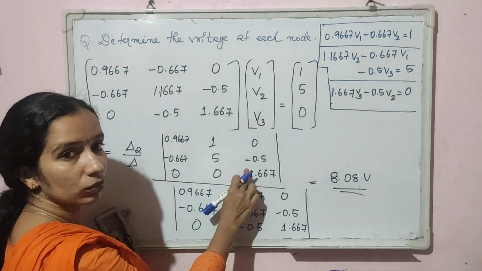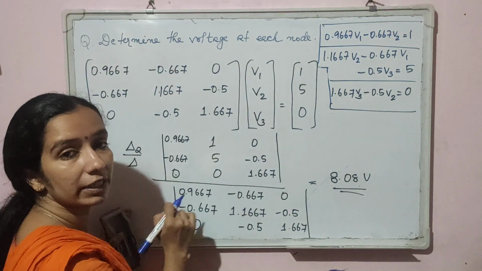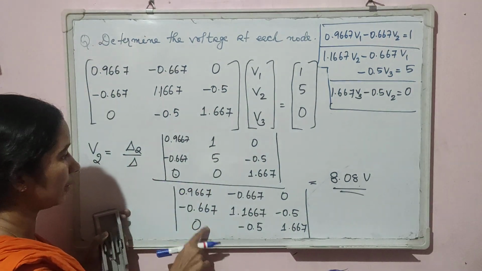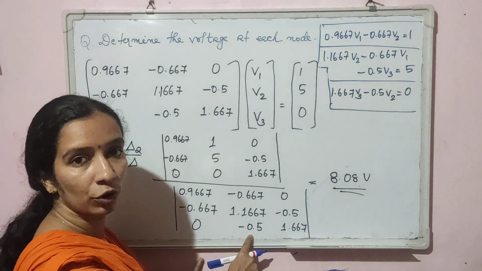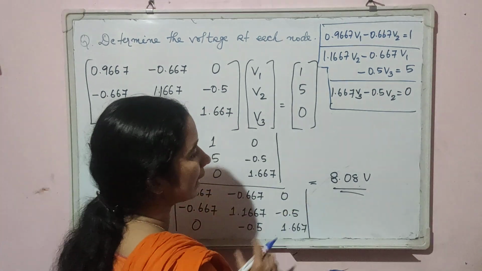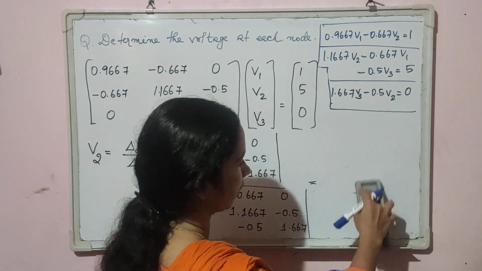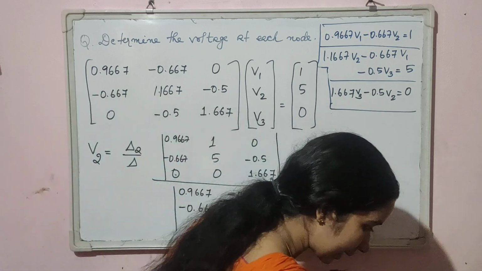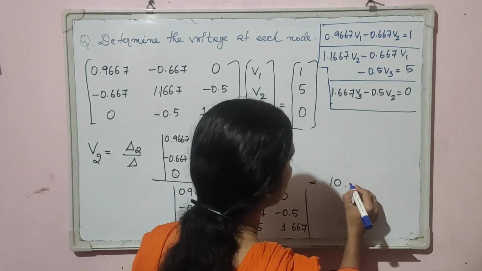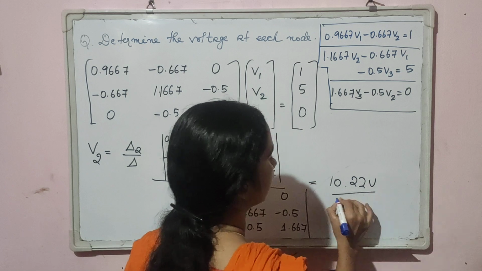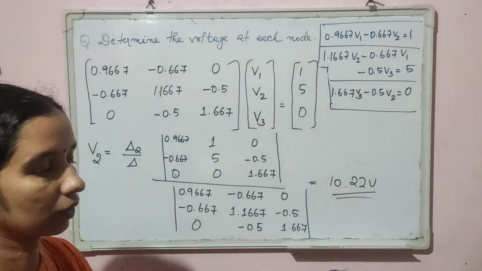Determinant of this matrix will give delta 2, and divided by delta, we will get the value of V2 as 10.22 volt. So this is V2.